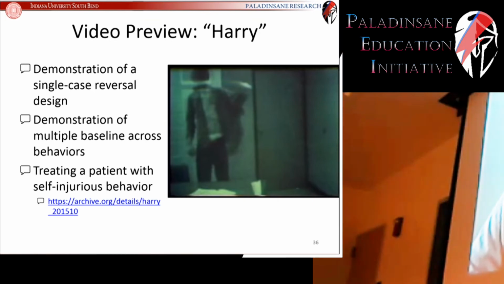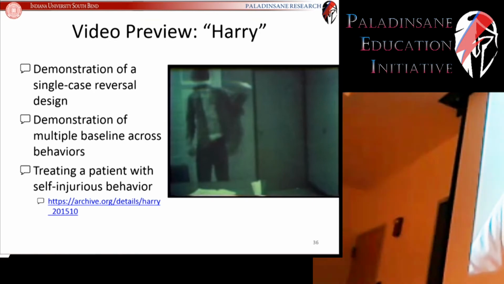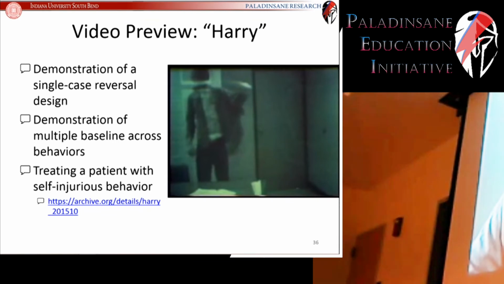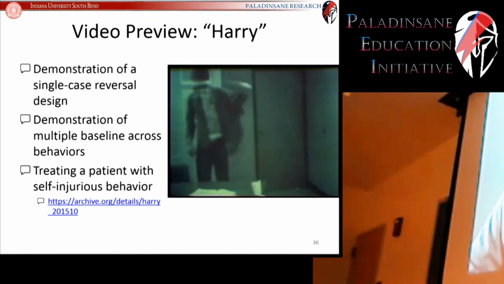Second, over the years, the restraints had acquired very powerful reinforcing qualities for Harry, such that he insisted on wearing them continuously. Finally, at 6'6", he used his size to intimidate people so that they were reluctant to treat his self-abuse, take away his restraints, or require him to participate in activities.